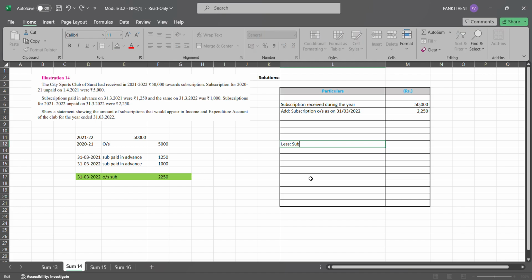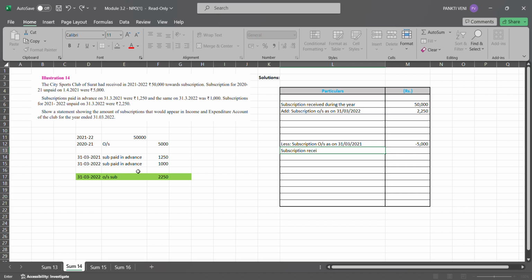I'm supposed to subtract subscription outstanding as on 31st March 2021, that is 5,000. Then we have subscription received in advance. So we have current year subscription. Current year subscription 1000 rupees is received in advance. So that also I'm supposed to deduct, right?